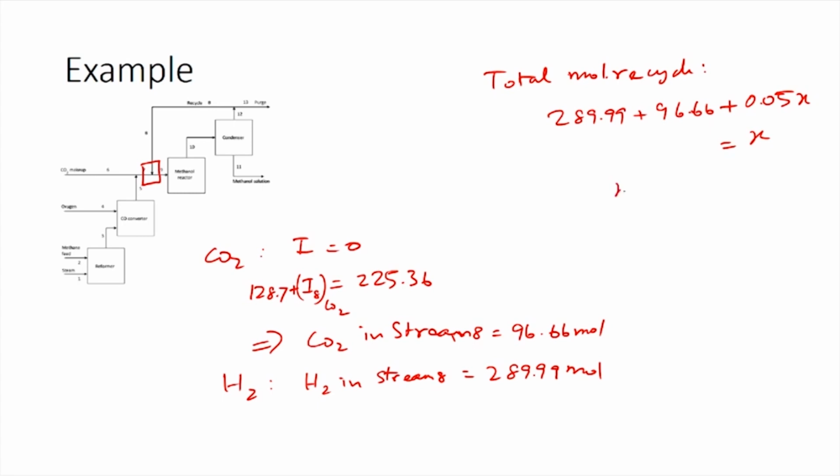Using this we can calculate the total number of moles which is recycled as 407 moles. So, the ratio of recycle to purge would be 407 to 20, which is 20.35.